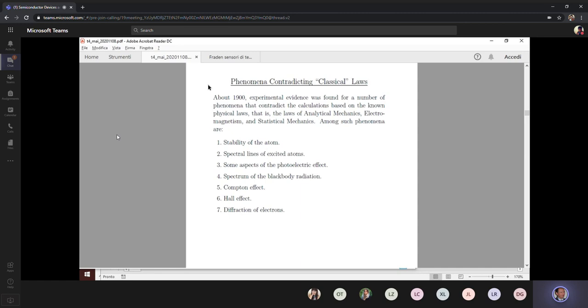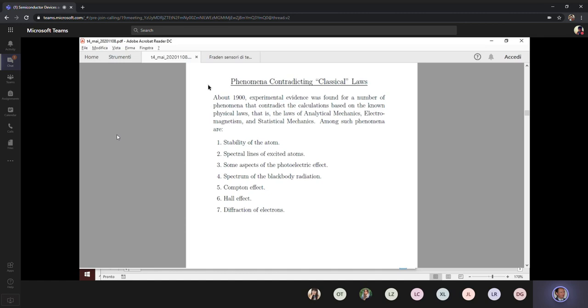We shall quickly go through these aspects, because each of them is able to improve our ability to refine the model and slowly, or not so slowly, transit from the classical to the quantum mechanics. But the stability of the atom is very easily explained.